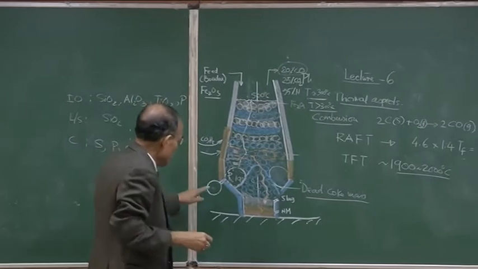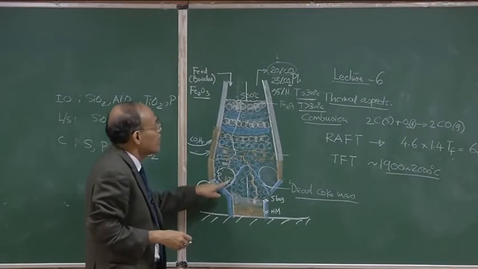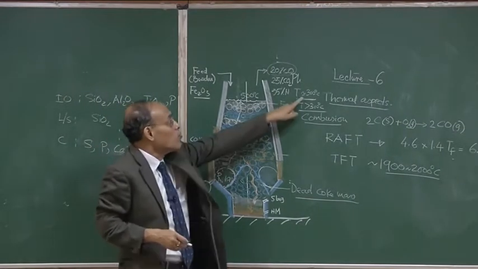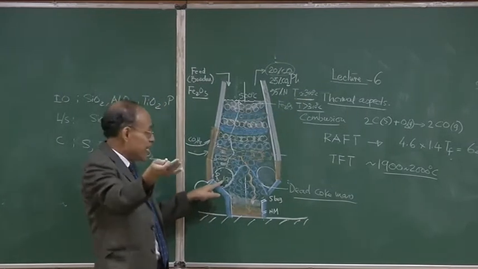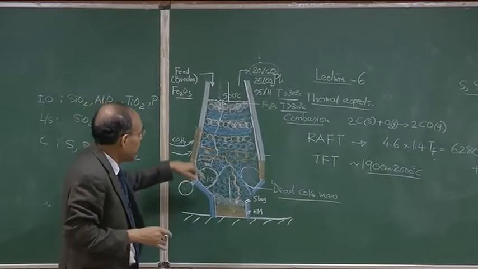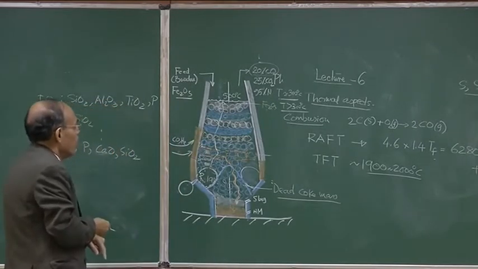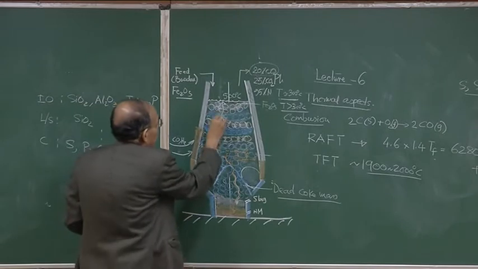So, the gas in a modern blast furnace goes from 1900 down to 300 degree centigrade at the top, which implies that the gas yields its heat to the solid particles, so the gas temperature progressively decreases.